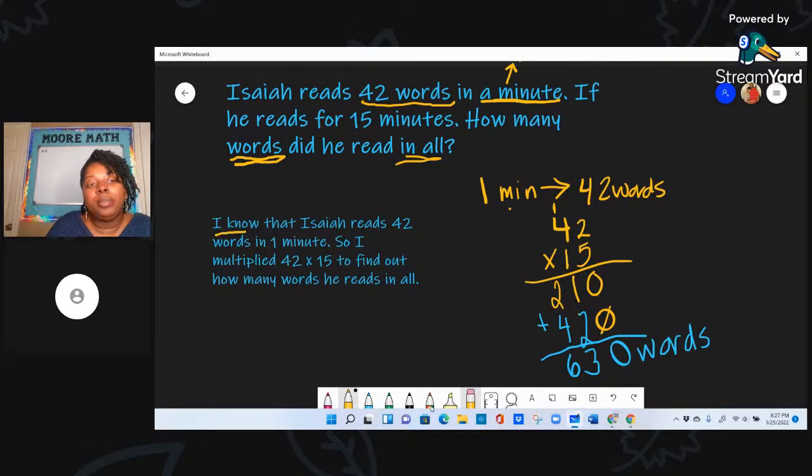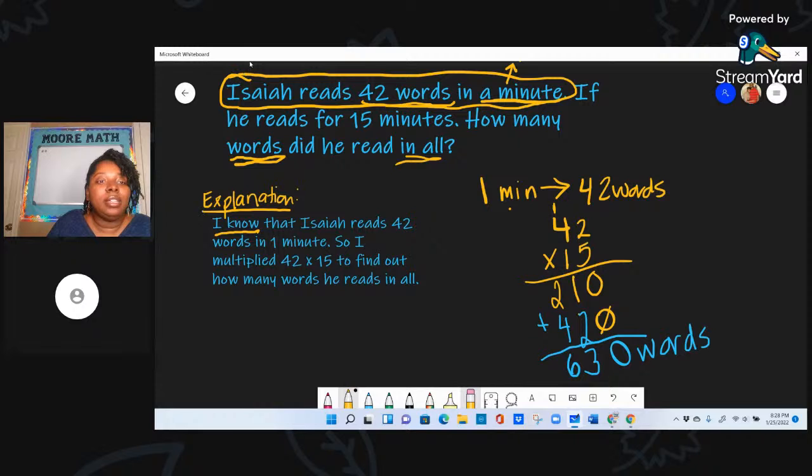When you found your answer, 630 words, and they say, explain your work, you would say, I know, and then look how we just repeated that first sentence: I know that Isaiah reads 42 words in 1 minute.